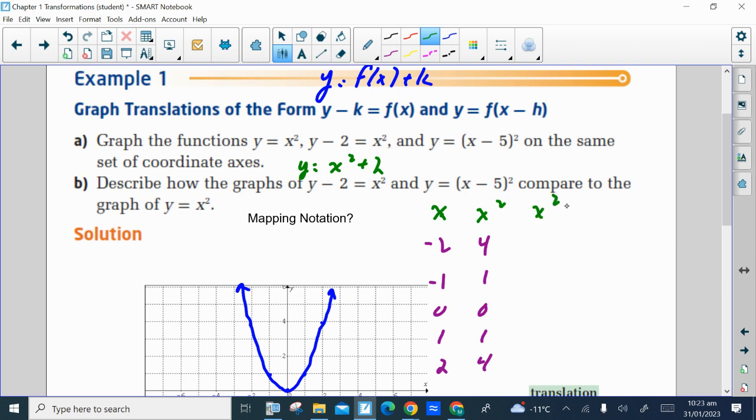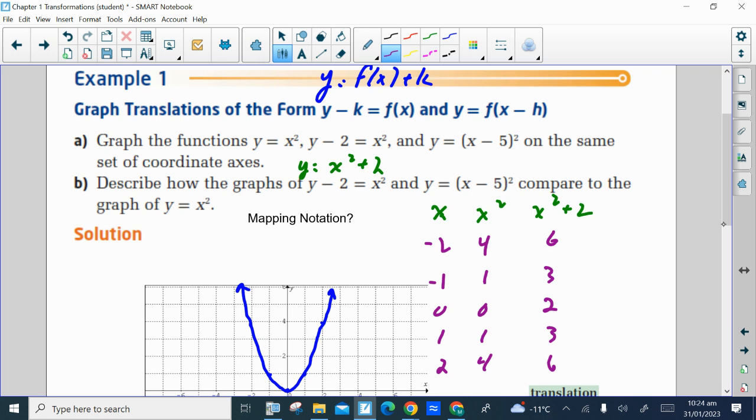So for x squared plus 2, to get those numbers, we'll square the x like we just did, but now we will add 2 to those values. All the values here will be 2 more than they were for y equals x squared. 2 more than 4 is 6. 2 more than 1 is 3. 2 more than 0 is 2. 2 more than 1 is 3. 2 more than 4 is 6.